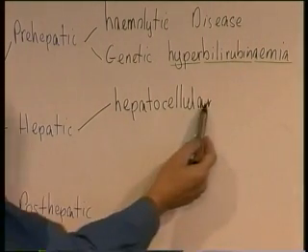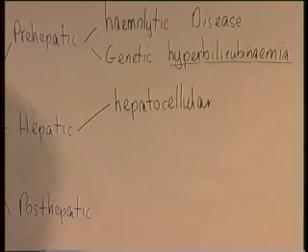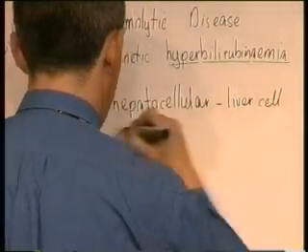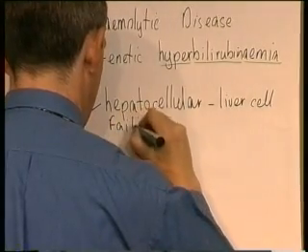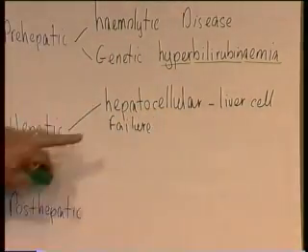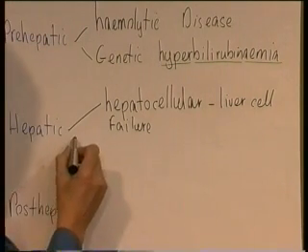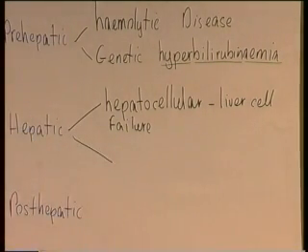And the hepatocellular type is due to liver cell failure. So this is where the individual liver cells are no longer functioning, therefore no longer able to take the bilirubin out of the blood and put it into the bile, therefore the bilirubin accumulates in the blood. But there is another possibility that the liver cells are actually functioning normally.